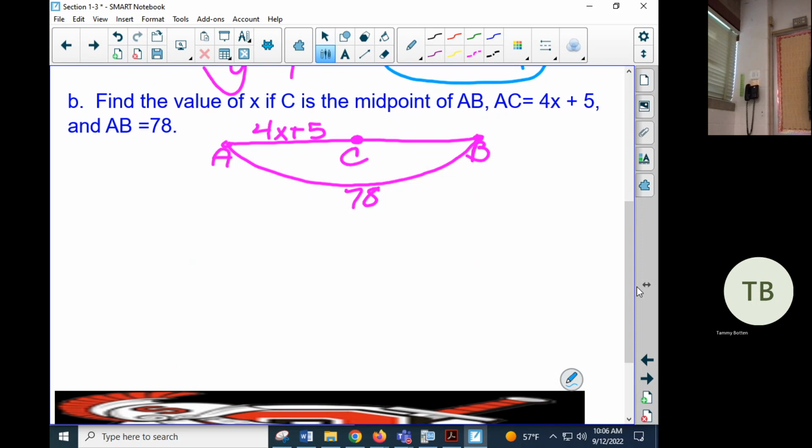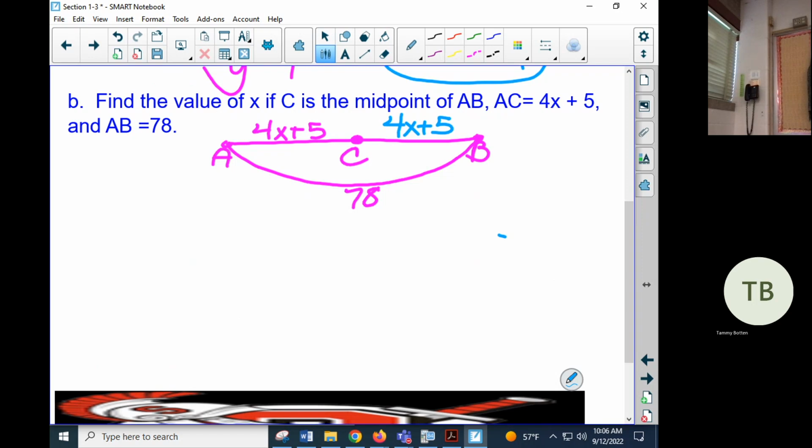Does anyone see what you could do here? Think about what a midpoint means. So if you know this is 4x plus 5, what do you think this is? 4x plus 5. Then, are we back to what we learned last week? Could we say 4x plus 5 plus 4x plus 5 equals 78?